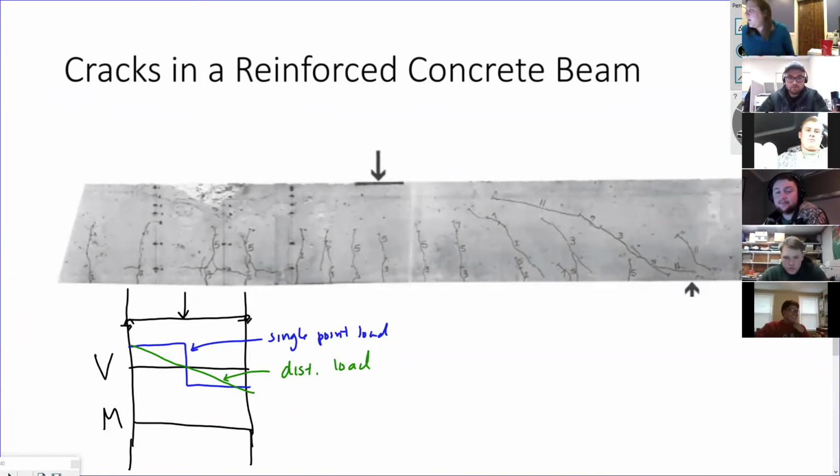You know, your moment, for a single concentrated load, for a distributed load.